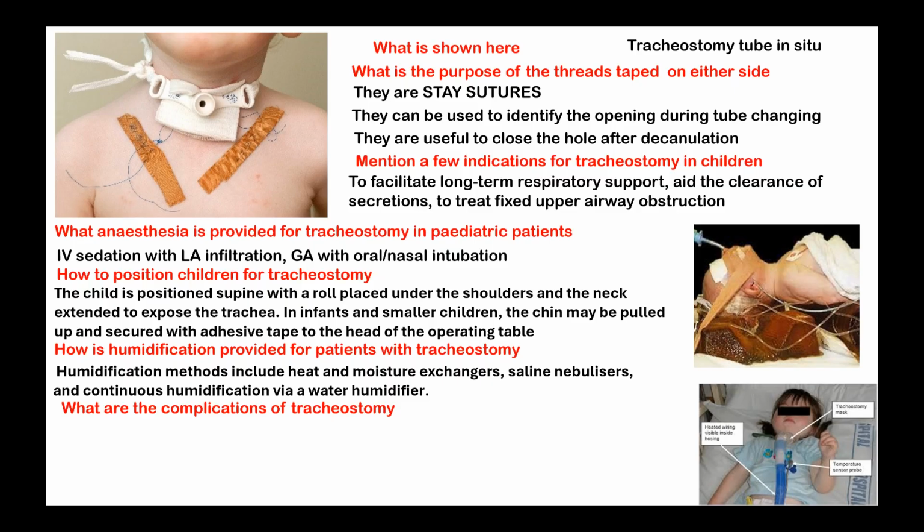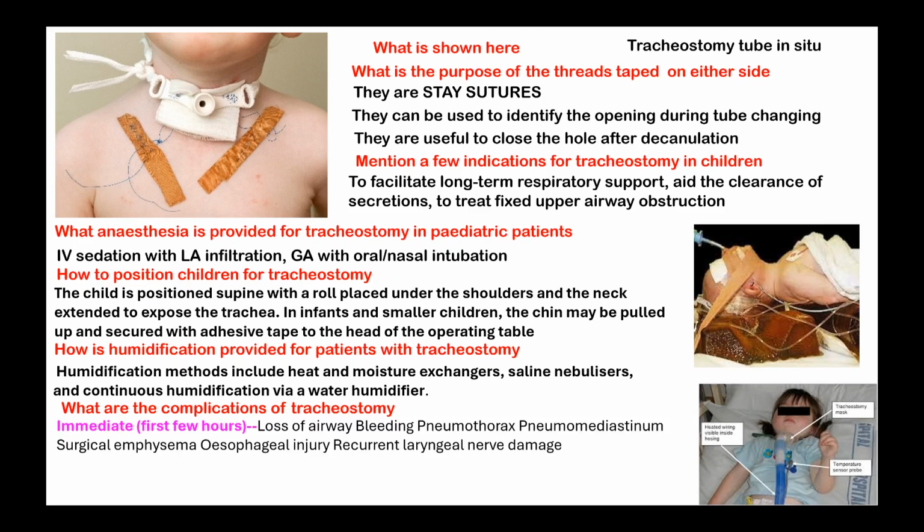But in the exam, there is a pattern expected by the examiner in your answer. The pattern you have to say is immediate complications, first few hours: loss of airway, bleeding, pneumothorax, pneumomediastinum, surgical emphysema, esophageal injury, recurrent laryngeal nerve damage. All these things are immediate.